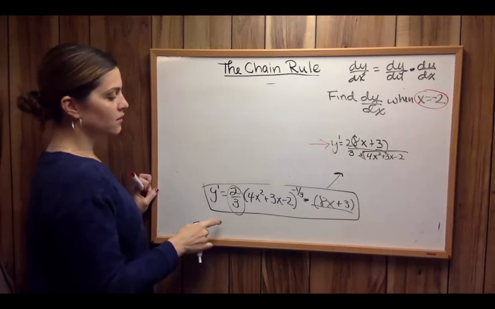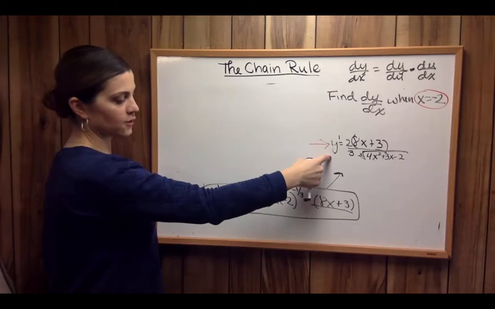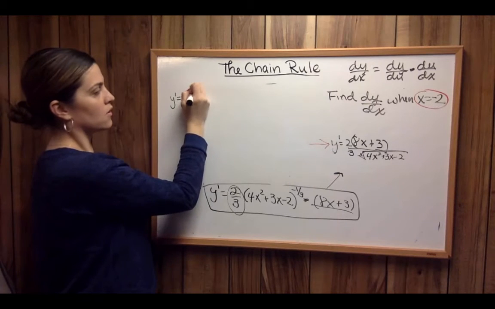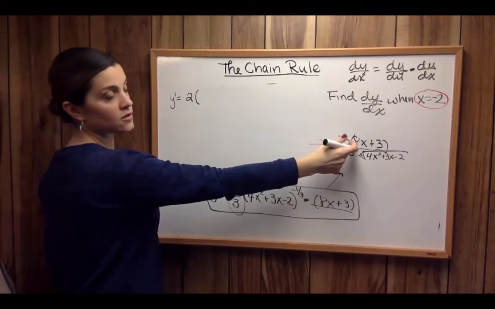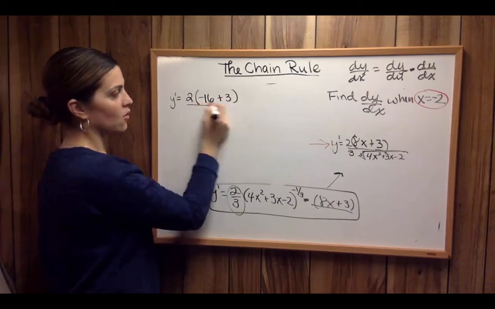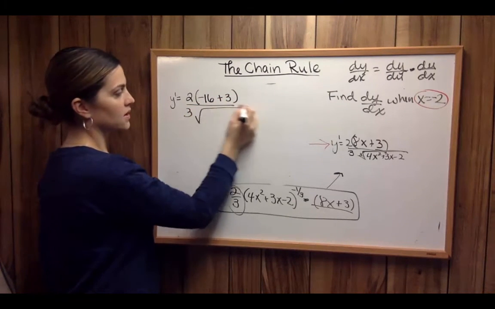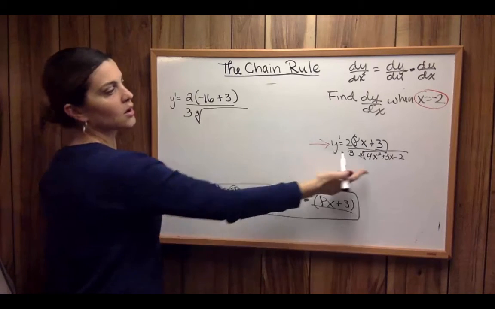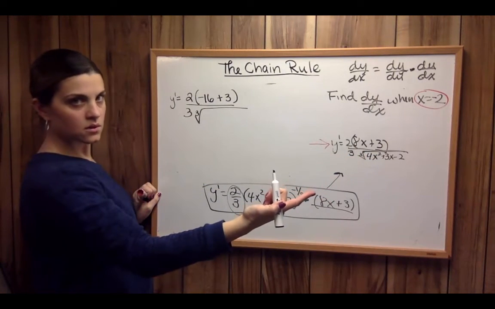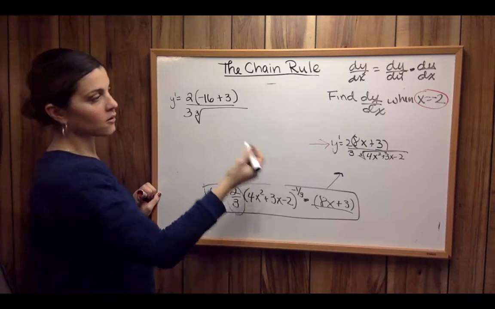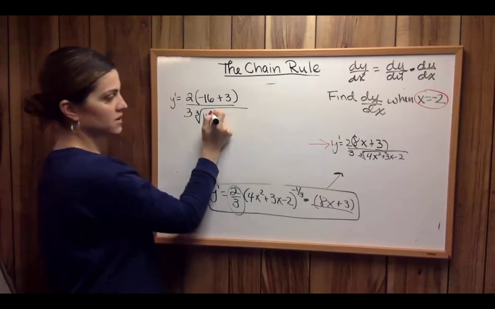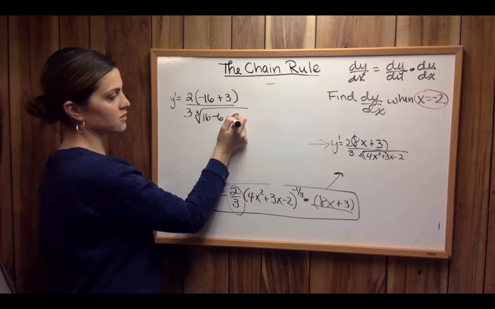So if we substitute the -2 into this version here, you're going to get 2 times (-2 times 8 is -16, plus 3) all over 3 times the cubic root of 4 times -2 squared. -2 squared is 4, positive 4. 4 times 4 is 16. 3 times negative 2 is negative 6, minus 2.